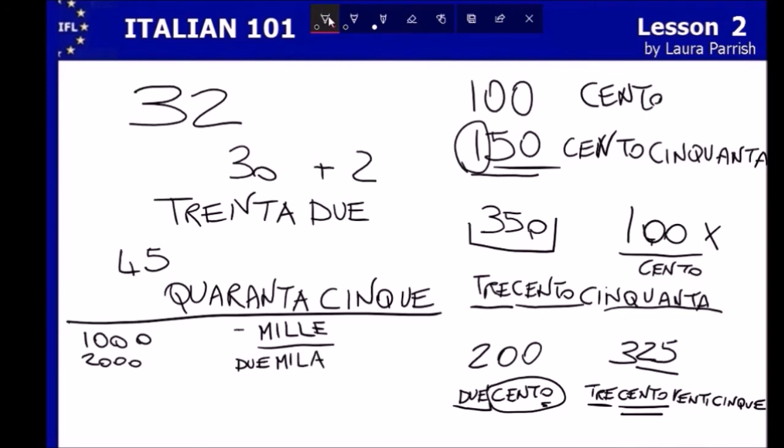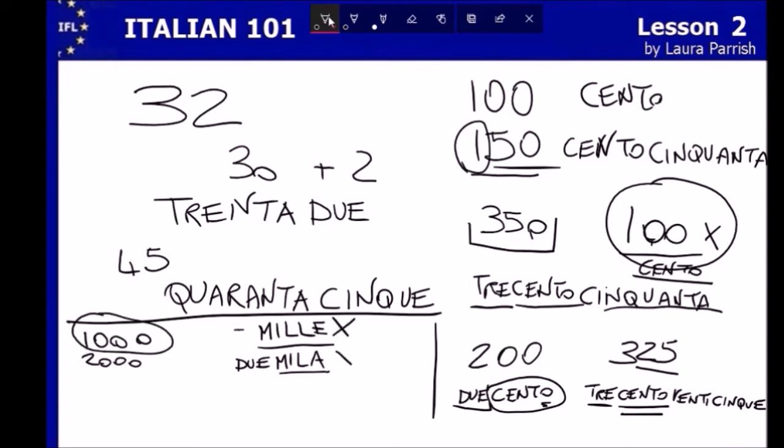The plural is irregular. So 100 does not have the plural. You keep it always cento. Instead, 1000 has an irregular plural. Singular is mille, plural is mila.